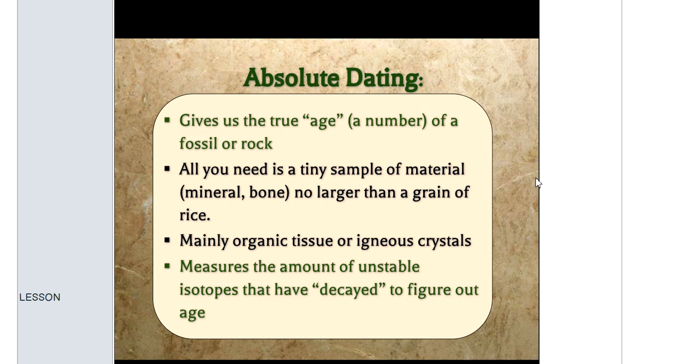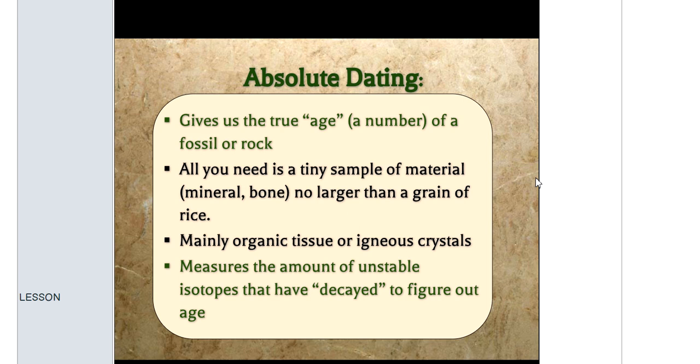And what we're looking at here is the amount of unstable isotopes that have decayed. What does that mean? That means you have basically a radioactive element in the rock, or some type of isotope of an element in the rock that is not completely stable.